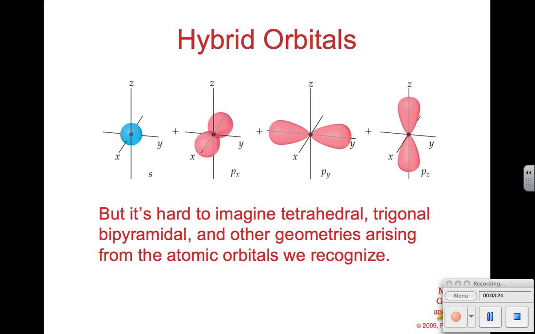So outer electrons exist in the s and the p subshells when we talk about our major bonding structures.